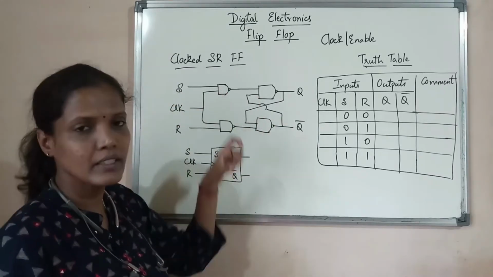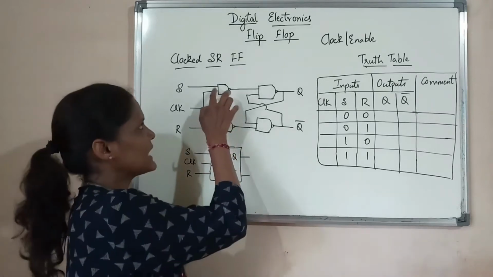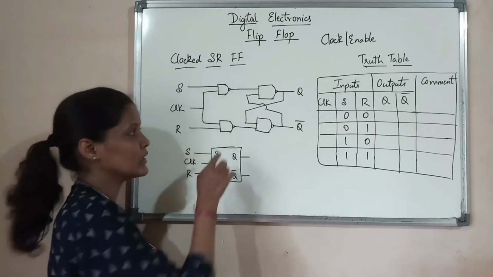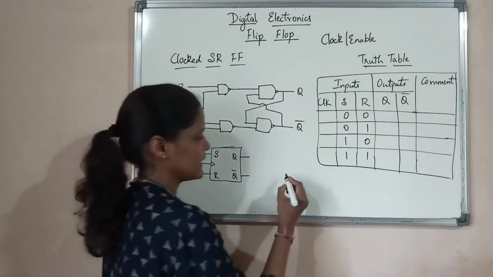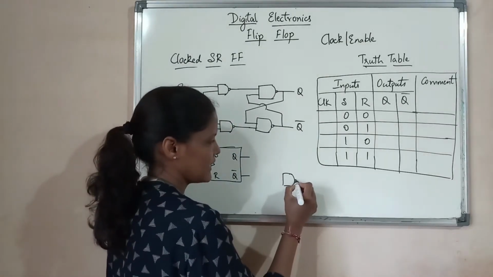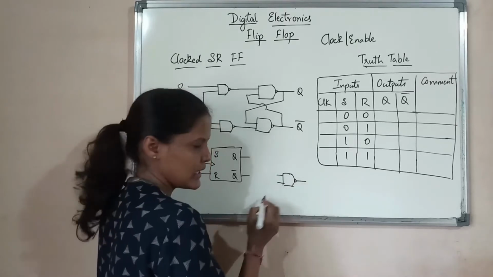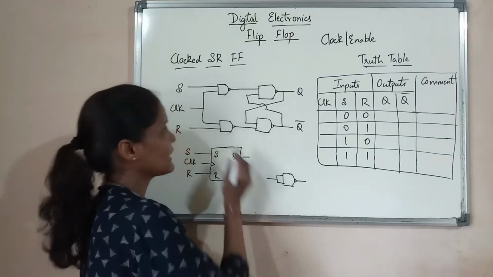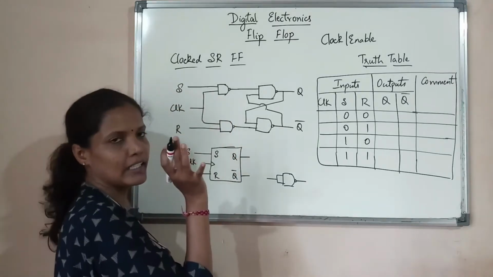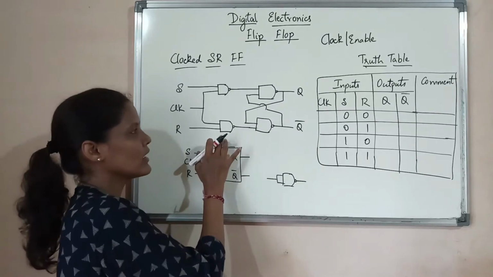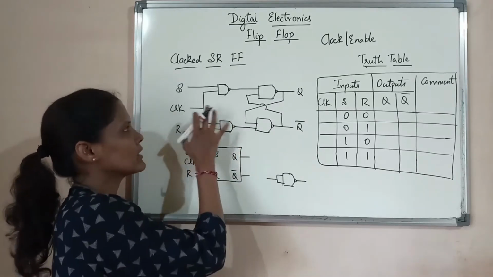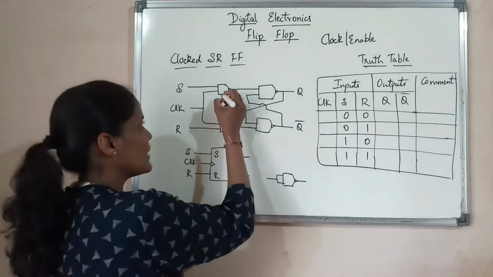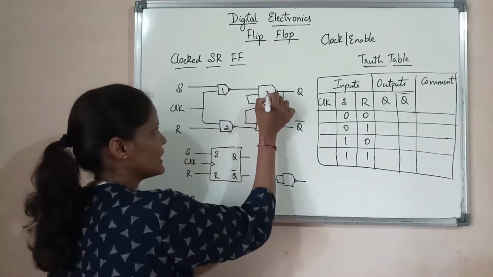Initially for the unclocked SR flip-flop, what we did was short the inputs of the NAND gate, like realizing a NOT gate using NAND. The 2 inputs of the NAND gate are shorted and taken as a common input. There was no extra clock in the unclocked SR flip-flop. So in this clocked SR flip-flop, I'll be connecting this clock signal as shown in the figure. So here I'm using 4 NAND gates. Let me number these NAND gates 1, 2, 3 and 4.